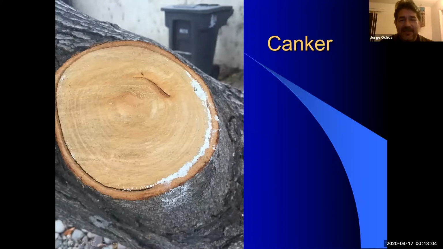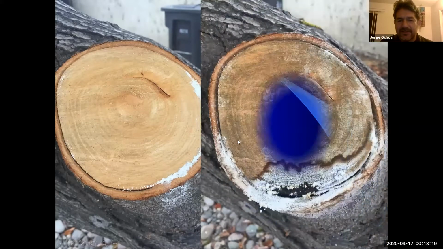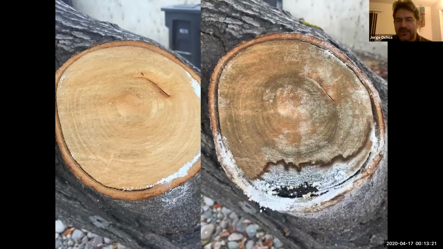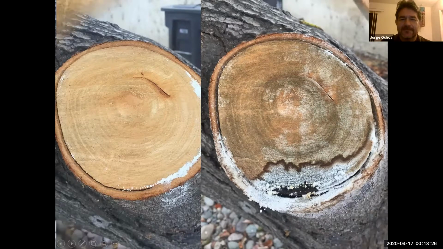Now we have some kind of cankers, so dead areas that are going to harbor some of the diseases. And so here we see a nice stem, and you can see a disease that is coming out there. So this is a canker. Here you can see where it's just spewing with bacteria and all the pathogen out of it.